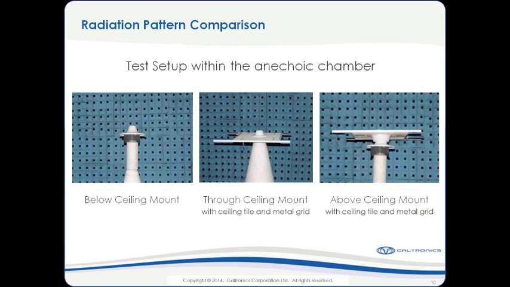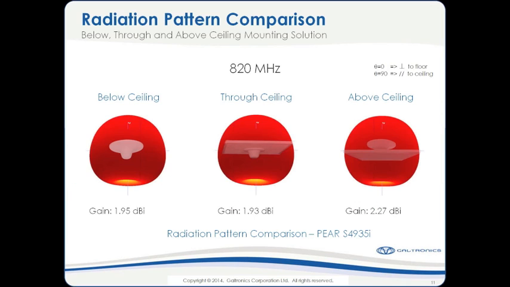If we go on to the next slide, this is a comparison of those measurements. And in this case, we see at 820 megahertz, when we look at the pattern below the ceiling, we have a gain. Again, this is directivity times efficiency. We have gain of around 2. When we do the through ceiling mounting, we have a gain of around 1.93.